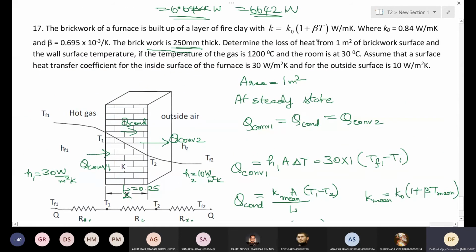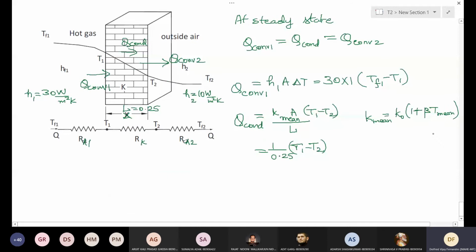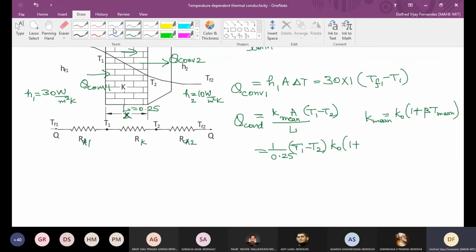That is the formula given here. So K mean equals K0 into 1 plus beta T. So you can substitute for that. K mean I have to write here. That is K0 into 1 plus... Let's substitute everything together. So I'll just remove that 0.25 and keep L itself.